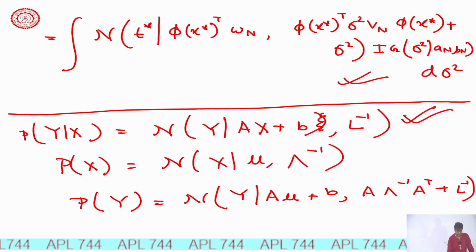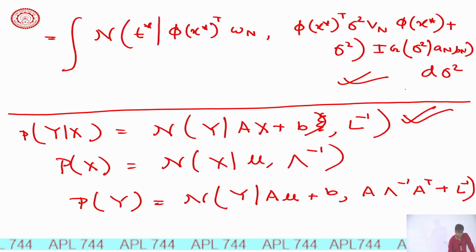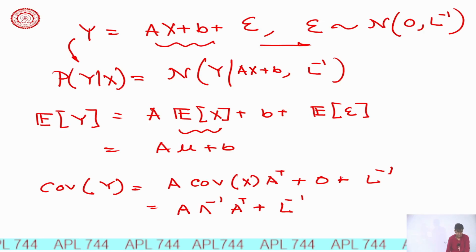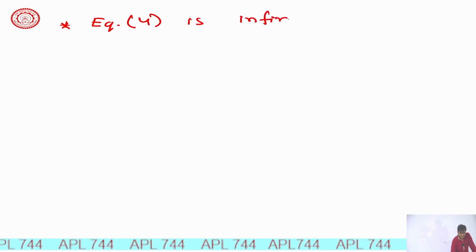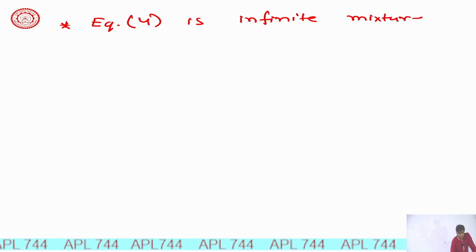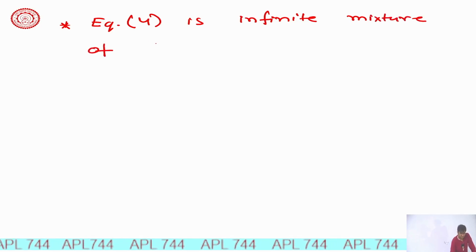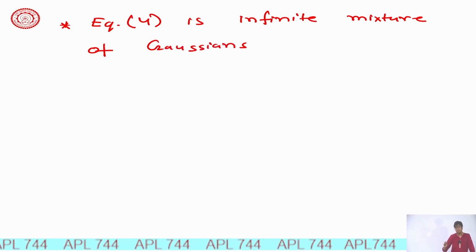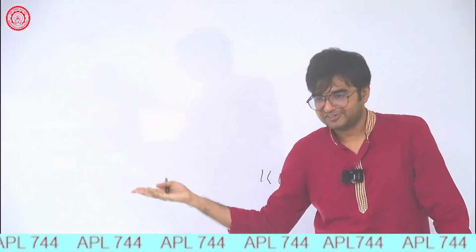Just to conclude things, let us call it equation 4. Equation 4 is an infinite mixture of Gaussians with the covariance of the Gaussian drawn from inverse gamma.